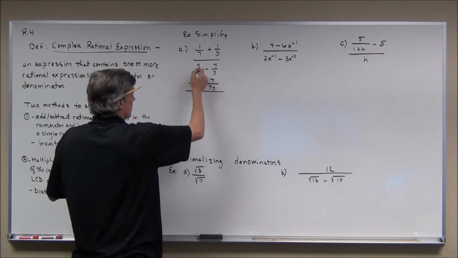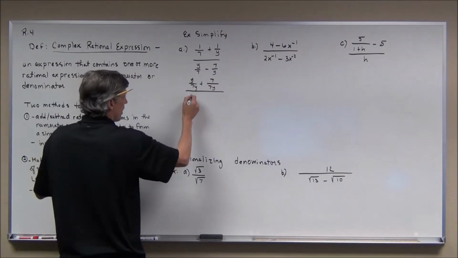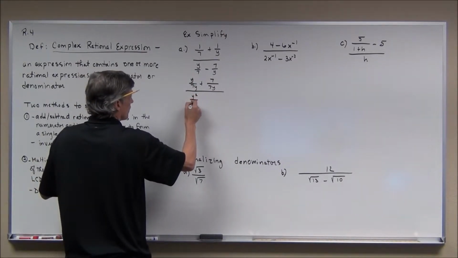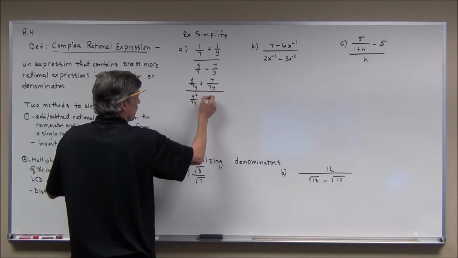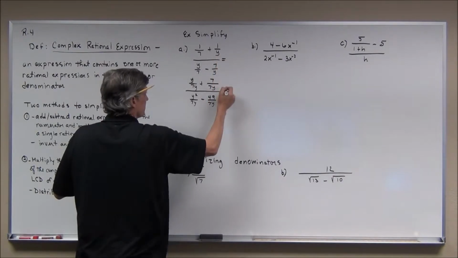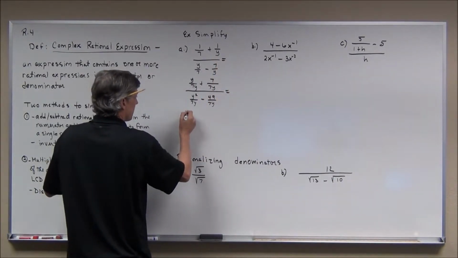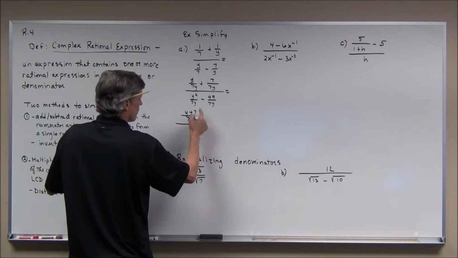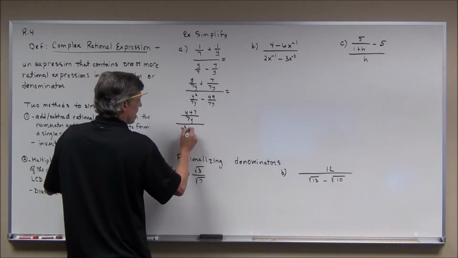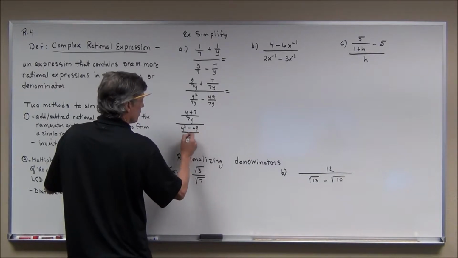All over, multiply top and bottom here by y. I would get y squared over 7y. Multiply top and bottom here by 7. I would get minus 49 over 7y. So this becomes y plus 7 all over 7y, all over y squared minus 49 all over 7y.